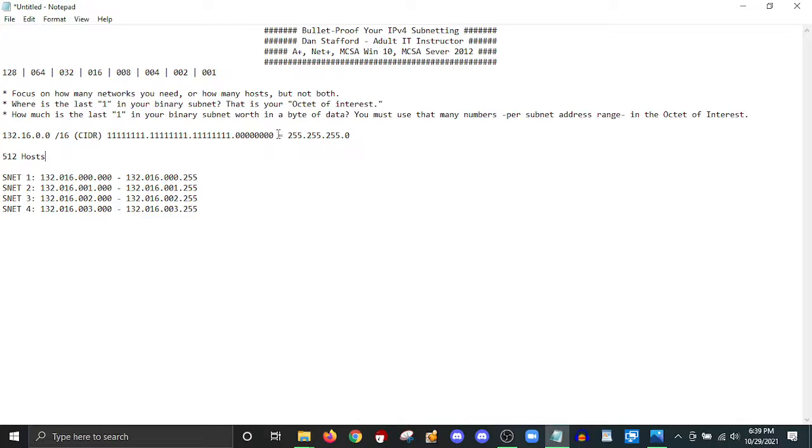Well, now I'm going to look at it the other way around. I'm going to look at how many zeros I have, because the zeros are the hosts, right? So 1 0, that only gives me 2 possible addresses. That's it. I only get two addresses with that. And since one of them has to be the address of the network and the other one has to be the broadcast address, I would not have any addresses for hosts on here. So however many it is, I have to always subtract two because I have to save one for the broadcast and one for the address of the network.